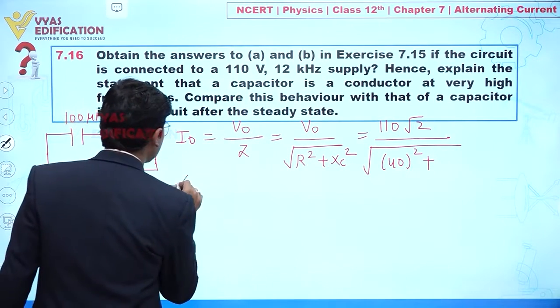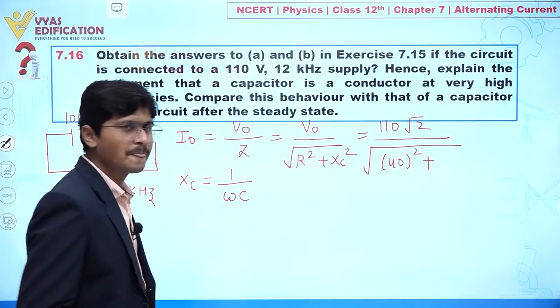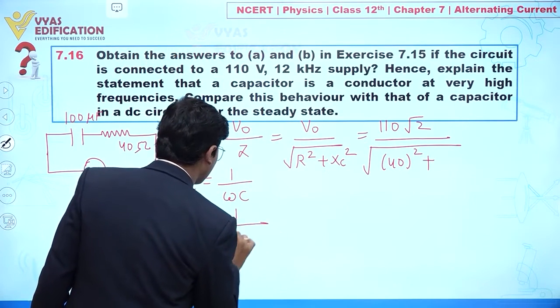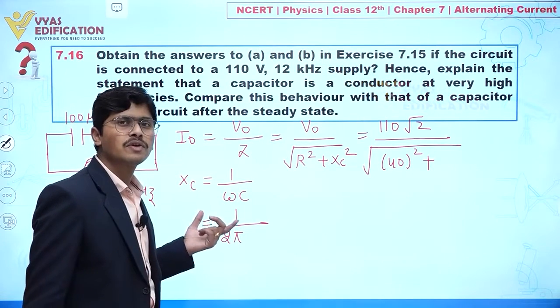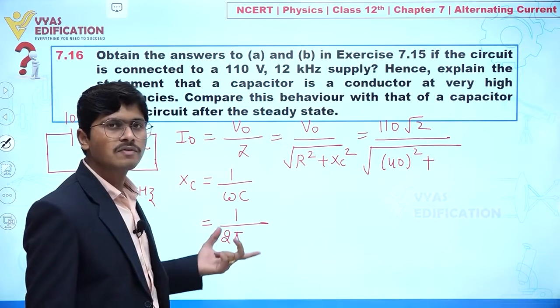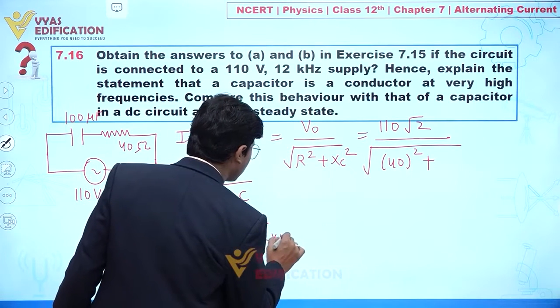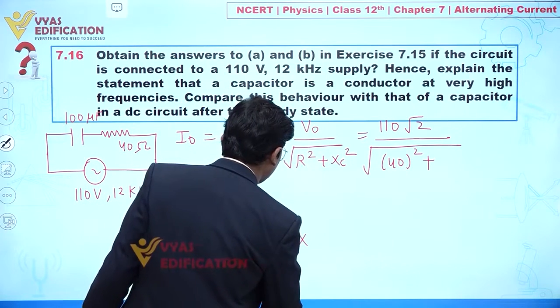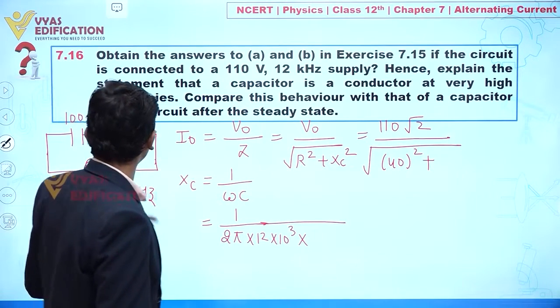Clear? So if I calculate the value of XC, this is given by 1 upon omega C. XC equal to what? This is given by 1 upon omega C, and this is equal to 1 upon 2 pi into 12 into 10 to the power 3, and what about C?